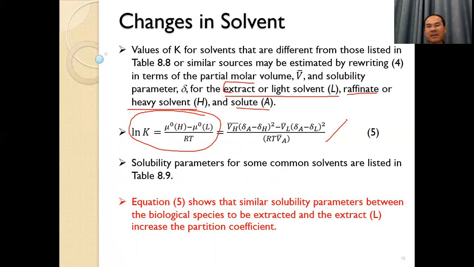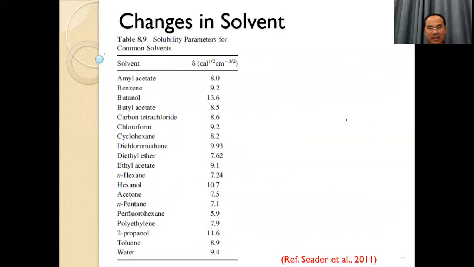The solubility parameter, you can find this in table 8.9. This shows the solubility parameter for common solvents, like chloroform is 9.2, for example.